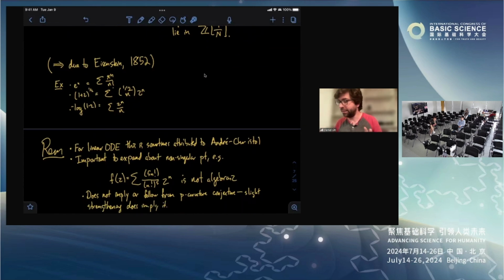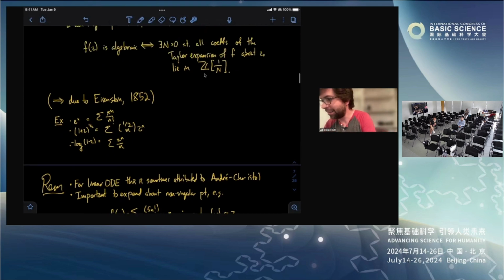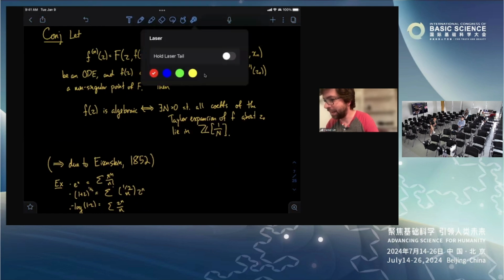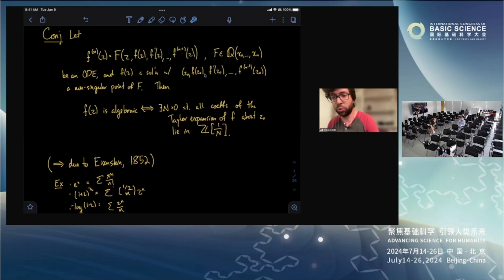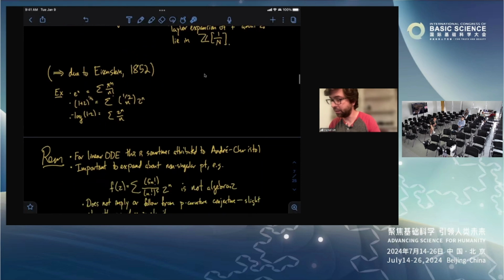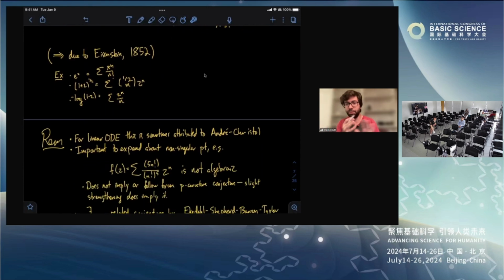For linear ODE, there are some things that kind of look like counterexamples, and it's because I specified that one has to expand around a non-singular point of this ODE. For linear ODE, sometimes there are solutions at a singular point, not a full basis of solutions, but some lower dimensional space of solutions. And those solutions can have the property that their Taylor series expansions are integral.